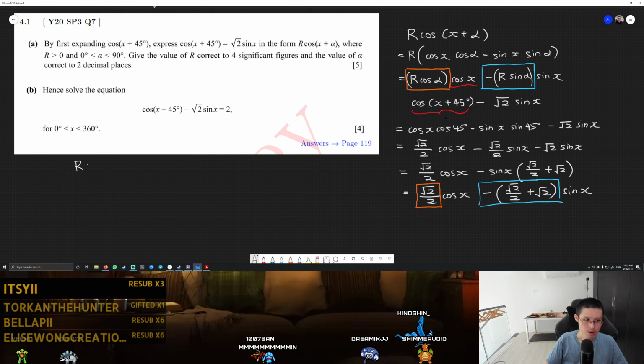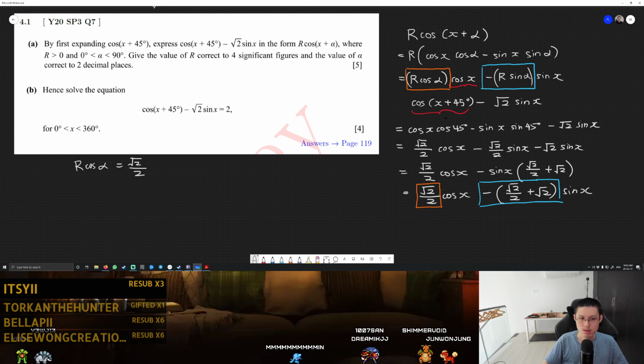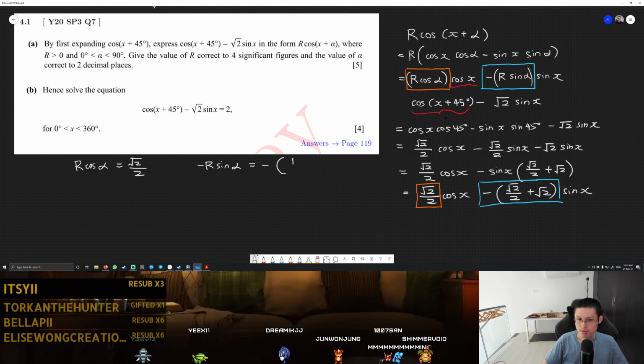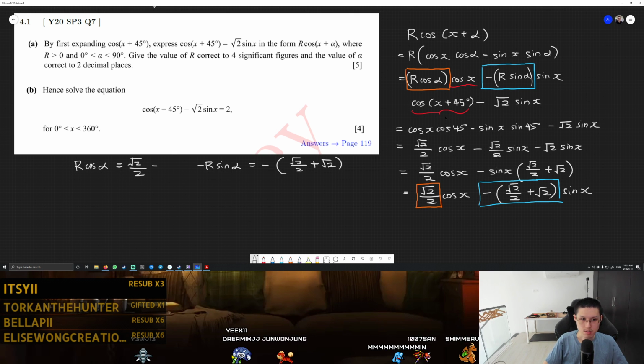So we have r cos alpha equals root 2 over 2. And then negative r sine alpha equals negative root 2 over 2 plus root 2. Okay, let's call this 1 and this 2. The next thing we want to do is find the angle first.